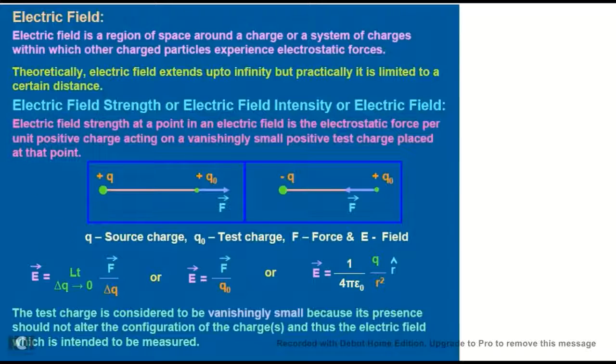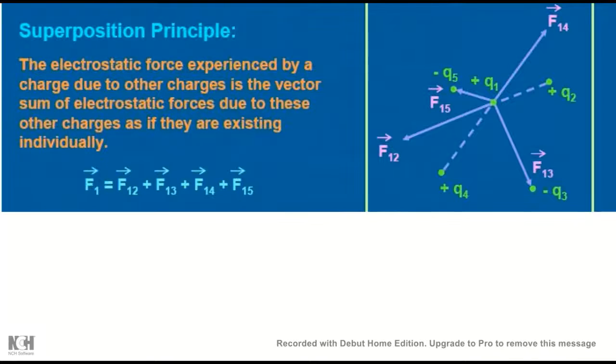Now in today's lecture, we will go through the superposition principle of force. Let's suppose there is a charge q1 and there are many other charges, q2, q3, q4 and q5, right?